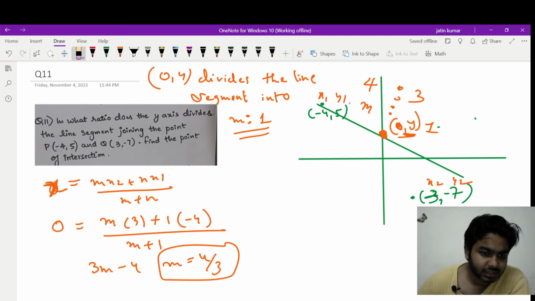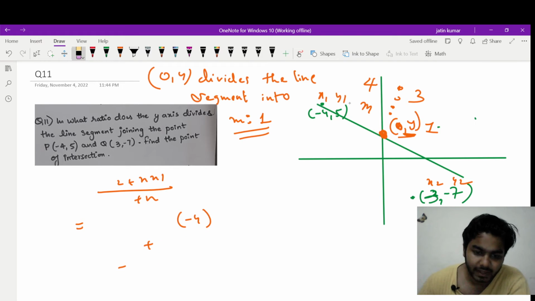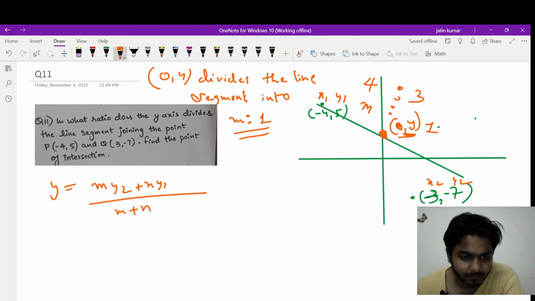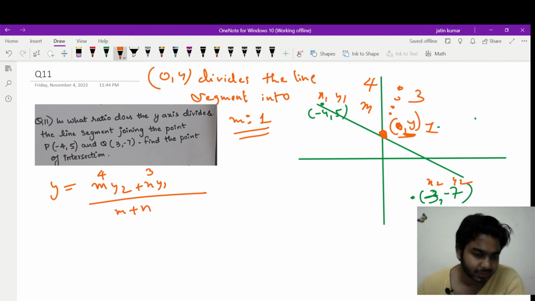Now if we have the ratio 4:3, can we find the y coordinate? Yes, through the section formula, y is equal to (m y2 + n y1) upon (m + n), and this time m is 4 and n is 3, right?